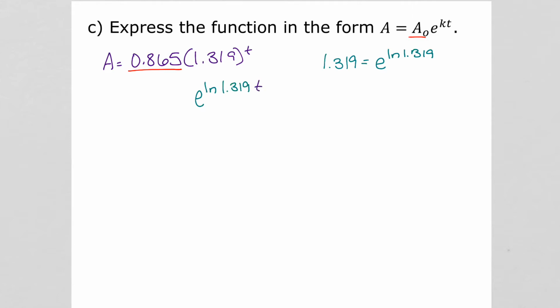Now, that is legal because e to the natural log would cancel out. It's the same thing. And the reason we do this is just to get that e in there.